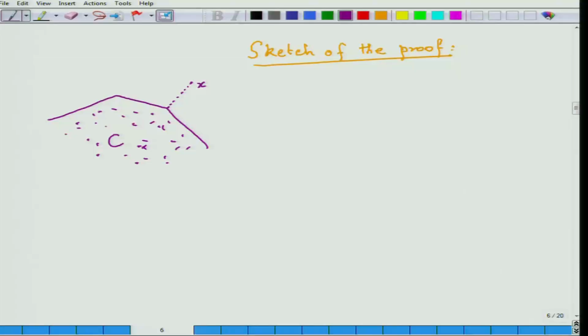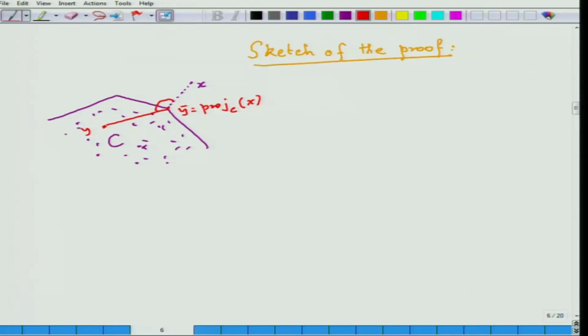What we really need to look at is the following: if you take any point y inside, and this is y bar which is the projection of x on C, and you join y with y bar, this angle is always obtuse. Whatever y you take in this convex set, this will always be true.